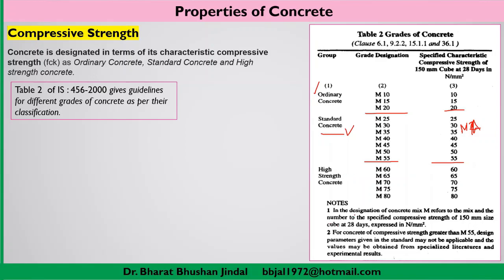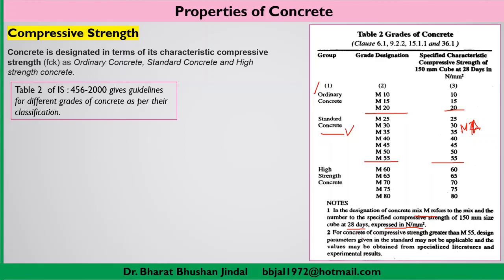Now here you can see the note that concrete is designated here by M. You are well aware M is for mix and 10 is for the characteristic compressive strength in Newton per mm square, and this is the compressive strength obtained from 150 mm size cubes at 28 days of casting as per Indian Standard.